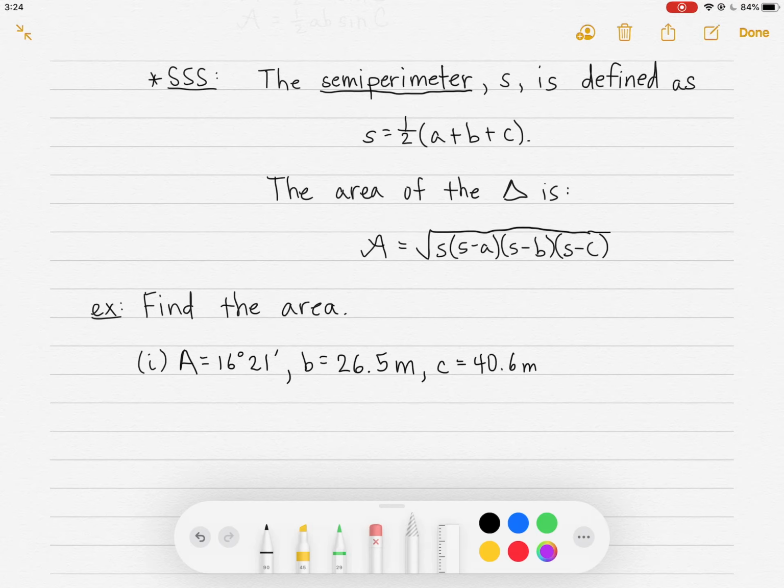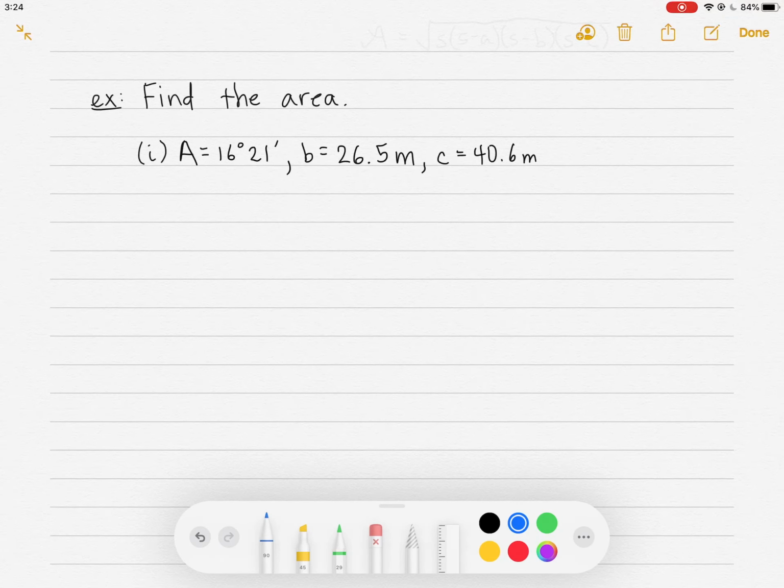This was a side angle side situation. When we are given side angle side, the area is found by 1/2 BC sine of big A, or our area is 1/2 times 26.5 times 40.6 times sine of 16 degrees, 21 minutes, which we can multiply all of this front stuff for our exact answer. We won't do the sine of 16 degrees, 21 minutes till our approximate answer.